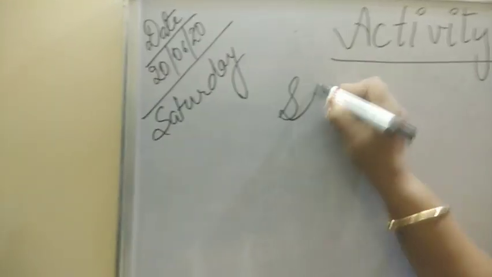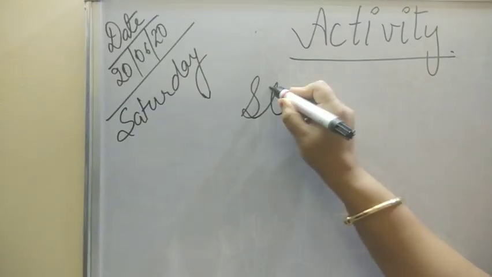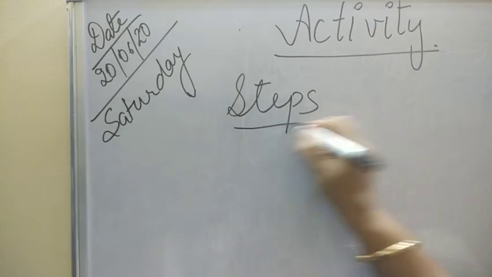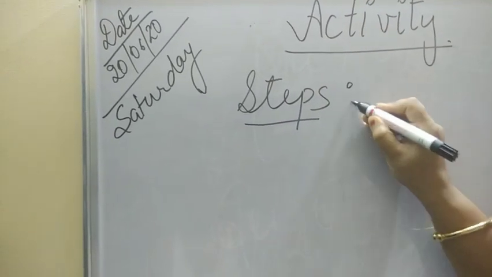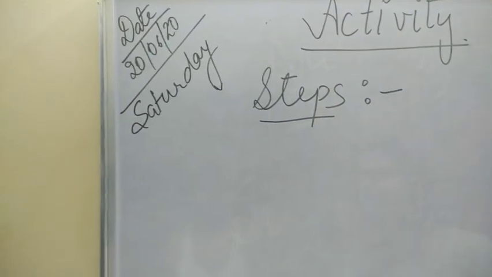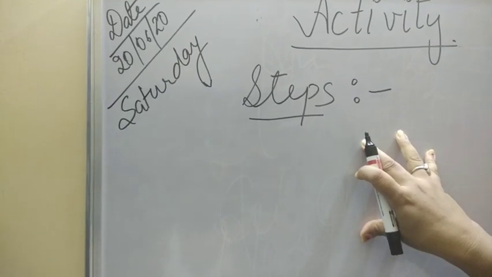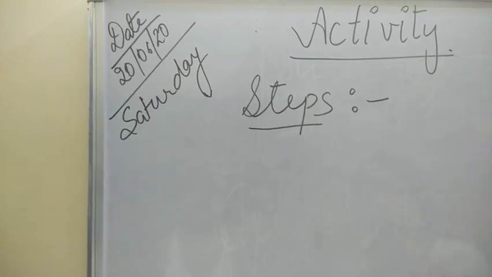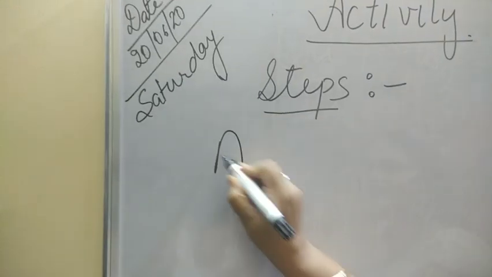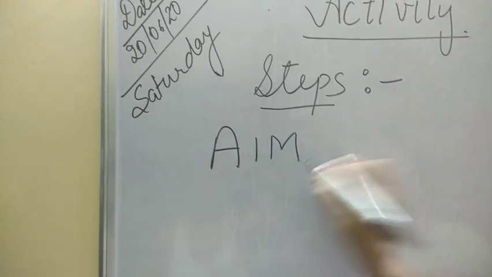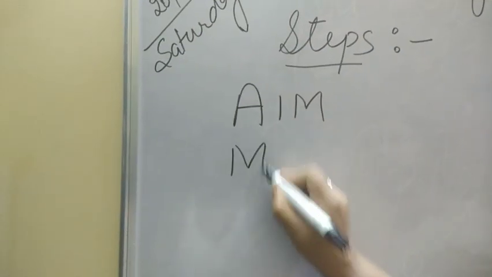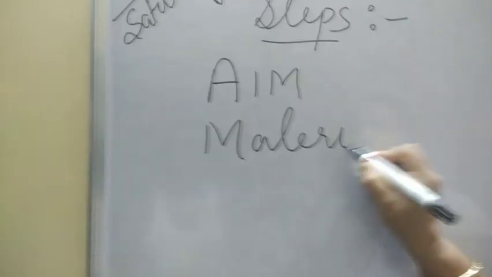First, the steps to write the activity. I will send you through the assignments an attachment in which I will send you the steps also and how to write. Steps will be: the first step will be aim. The second will be materials required.